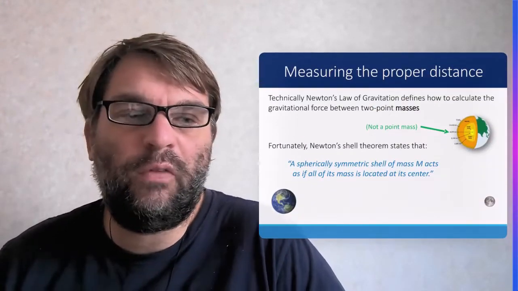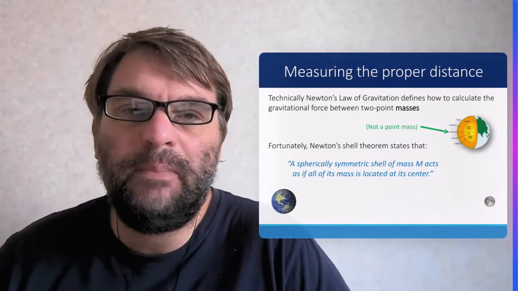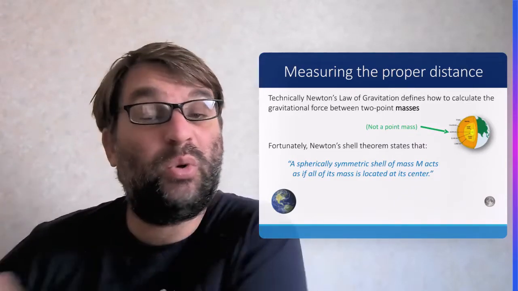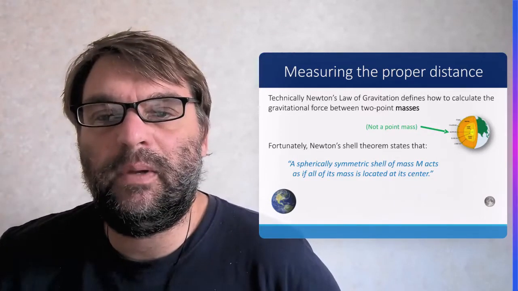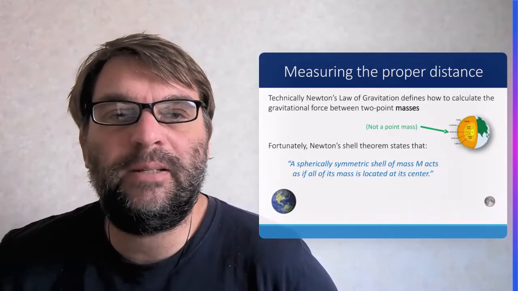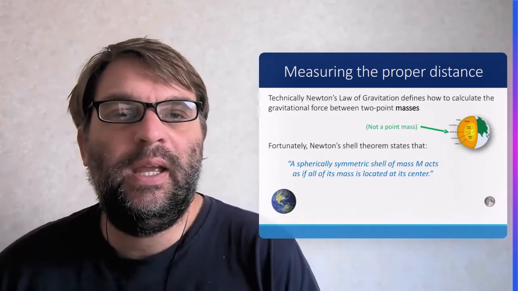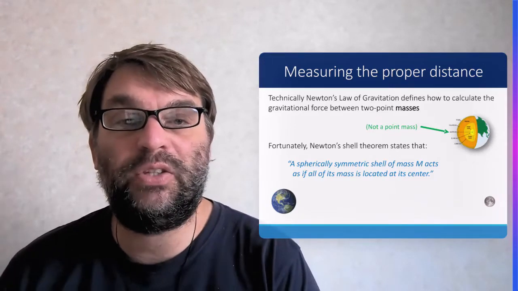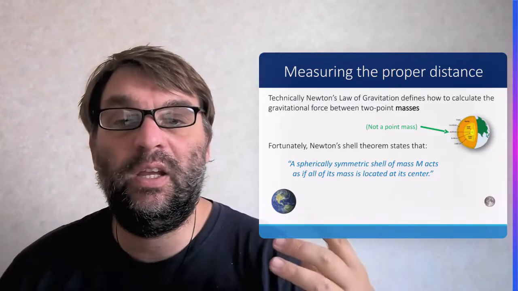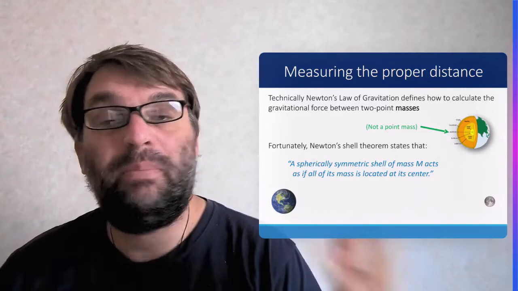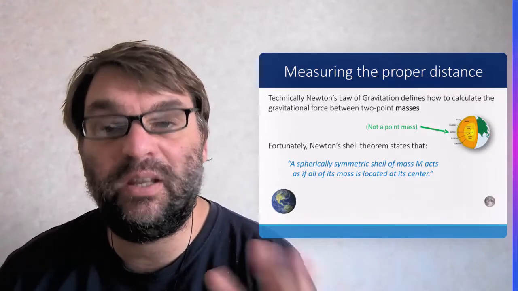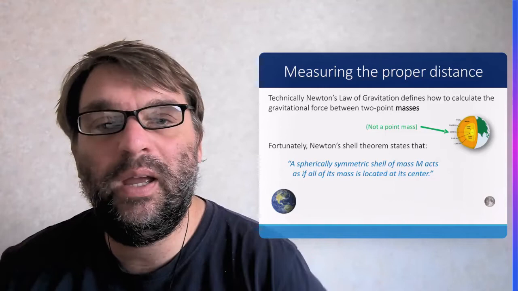In terms of measuring the proper distance, you'll notice that technically the law of gravitation from Newton is between 2 point masses. Obviously you're not a point mass, and planet Earth is not a point mass. It has quite a bit of volume.